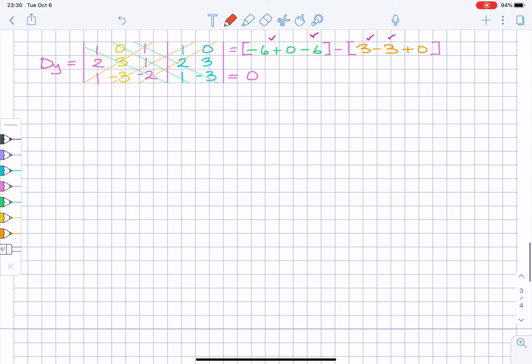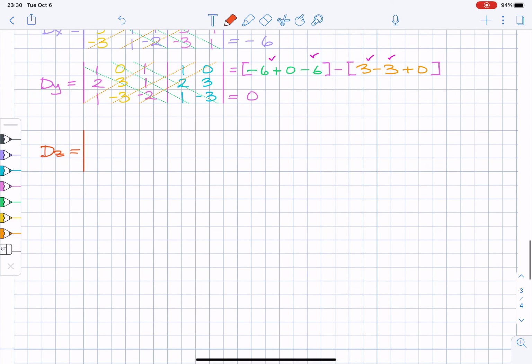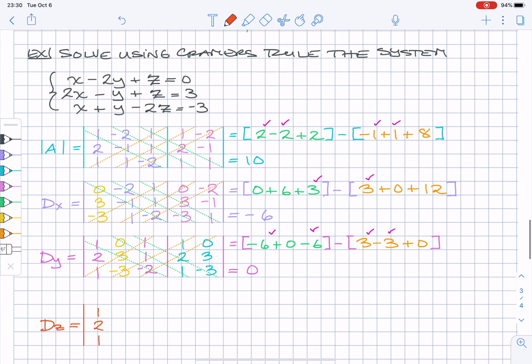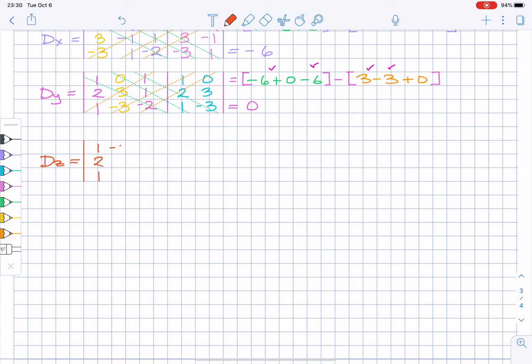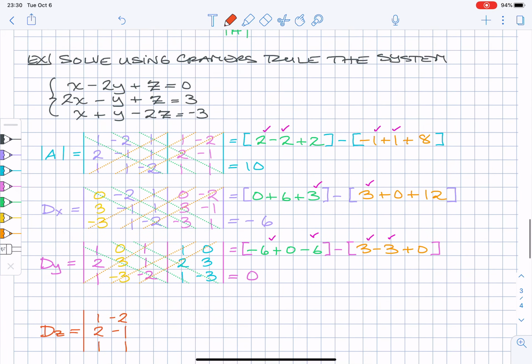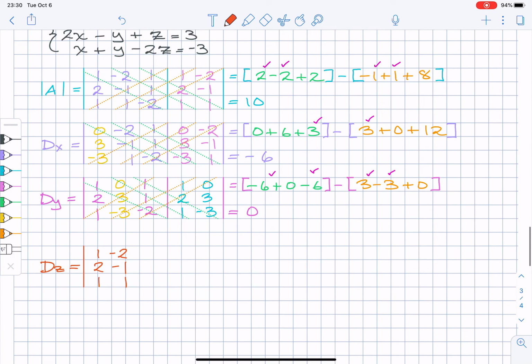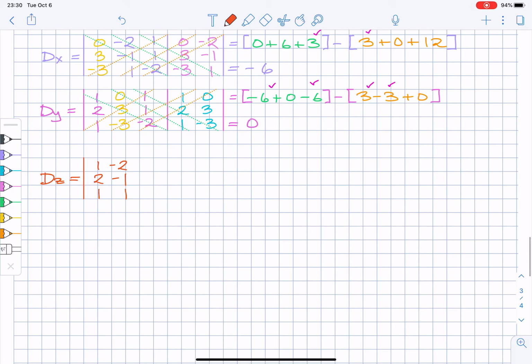So capital D sub z is going to be the determinant of the matrix that has x and y the same. So 1, 2, 1. Negative 2, negative 1, 1. But changes out now the z column for 0, 0, and negative 3.